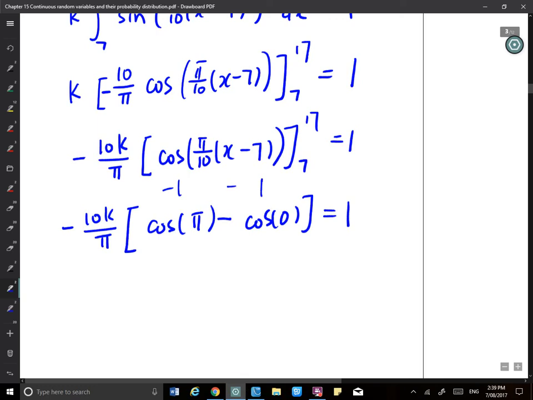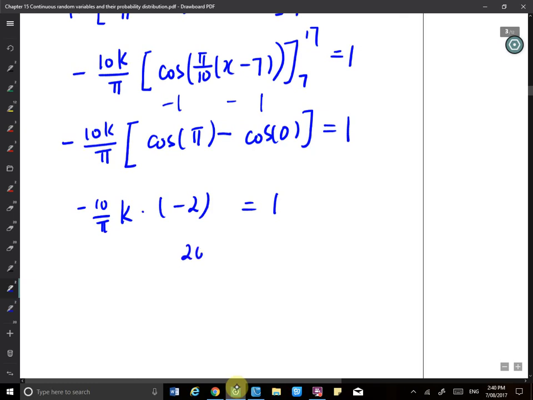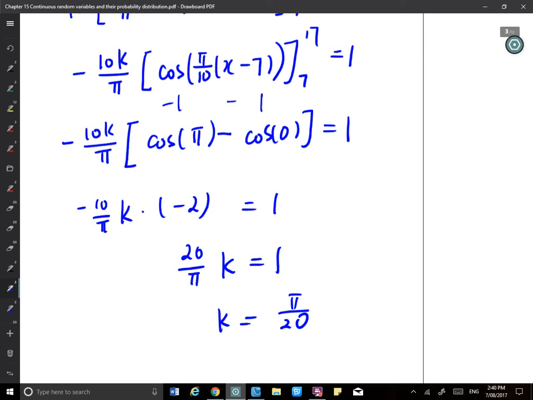So inside is a minus 2. So 20 on pi k equals to 1, k equals to pi on 20. Just trying to solve for it.